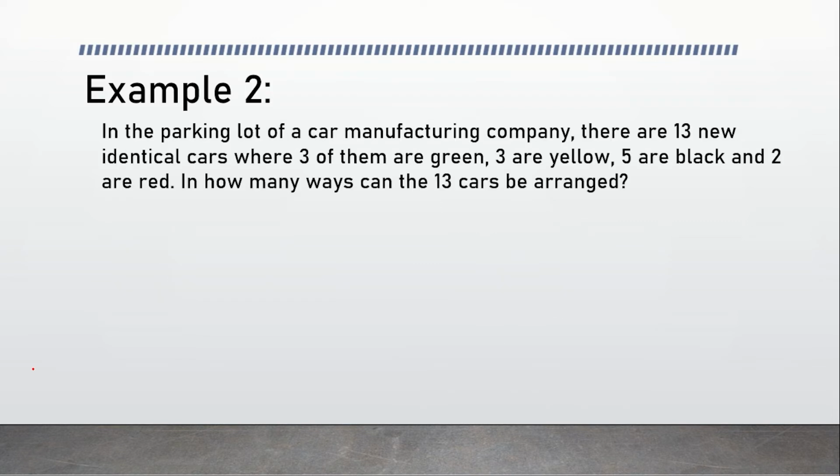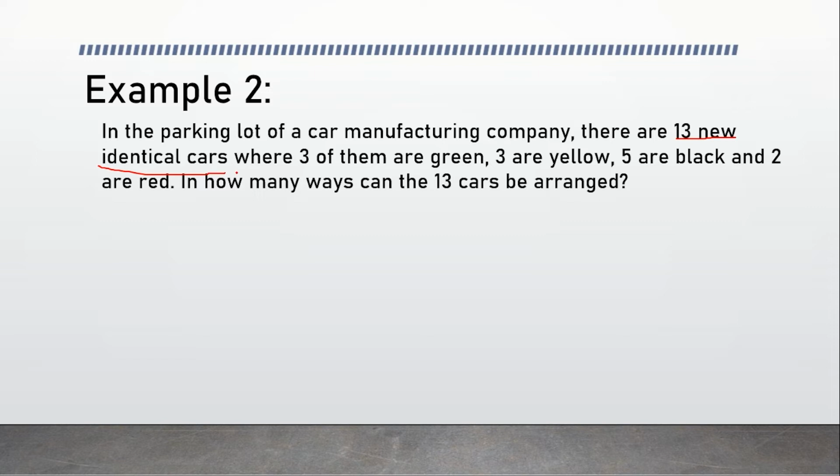So let's proceed with example number 2. In the parking lot of a car manufacturing company, there are 13 new identical cars where 3 of them are green, 3 are yellow, 5 are black, and 2 are red. In how many ways can the 13 cars be arranged? Here, class, we have 13 new identical cars.